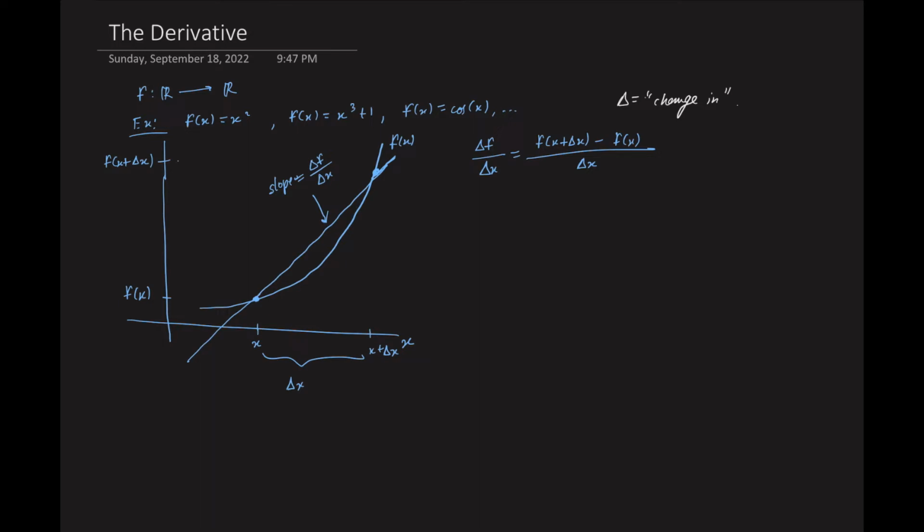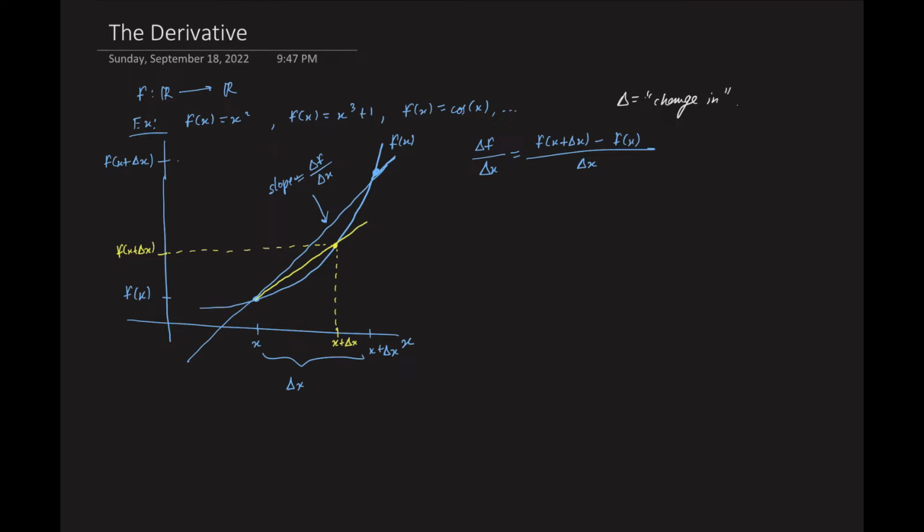If we were to reduce the size of delta x, reduce the distance between these 2 points. We keep x fixed, and let's say we were to talk about this new point here. Let's say that this was our new x plus delta x. Then this would be our new f at x plus delta x.